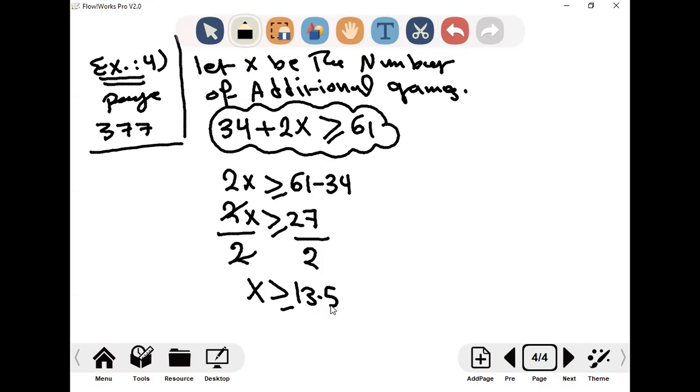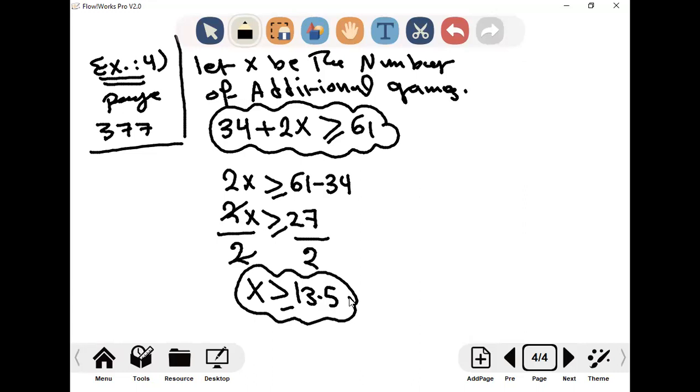For example, if the game needs 1 hour, he plays half an hour. Is it acceptable for the number of games? Yes, acceptable. We can divide the game; I can play a quarter or half the game, right? x more than or equal to 13.5. So what does this mean? Focus now, let's understand the whole story here. He already scored 34 strikes.